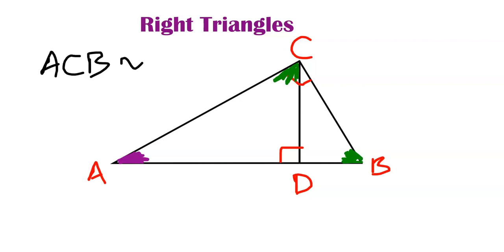We need to go down the long and the short side to get the orientation right. So ACB on the big triangle and ADC, their angles are congruent, so they are similar.